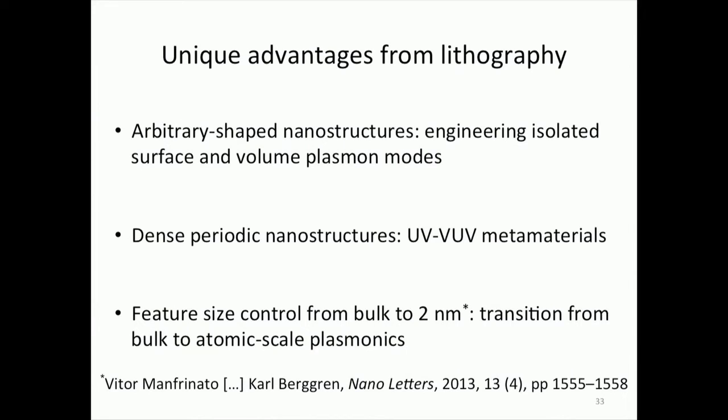Furthermore, by using really high resolution lithography, you can see the transition from surface plasmons and volume plasmons in bulk down to close to the atomic scale by using some specific fabrication methods, like we showed before.